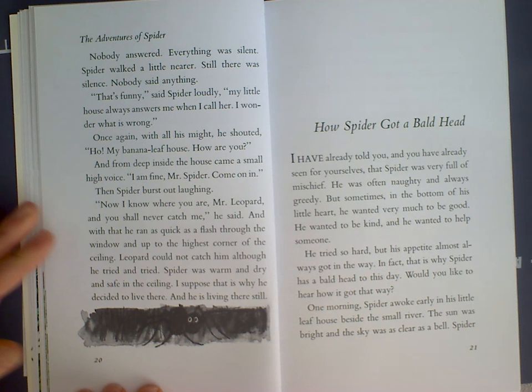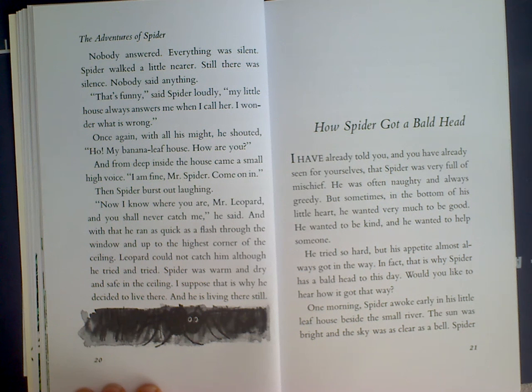And with that, he ran, quick as a flash, through the window and up to the highest corner of the ceiling. Leopard could not catch him, although he tried and tried. Spider was warm and dry and safe in the ceiling. And that's why he decided to live there. And he is living there still.